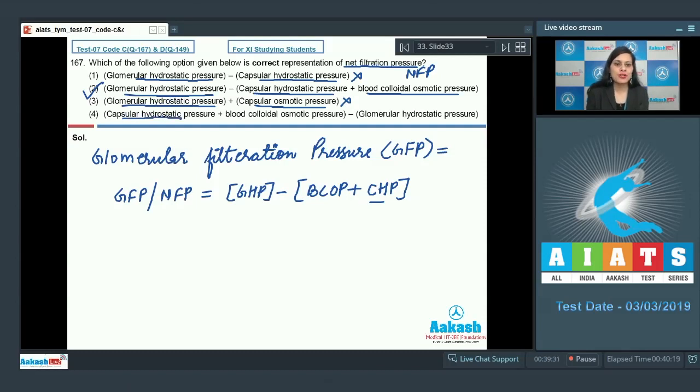The last option is capsular hydrostatic pressure plus blood colloidal osmotic pressure minus glomerular hydrostatic pressure, and this is also an incorrect option. So the correct answer to this question is option number 2. Let's discuss our next question.